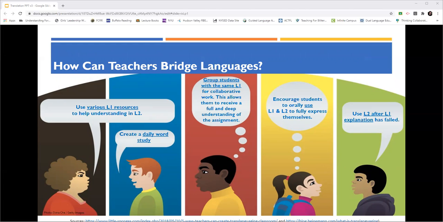You can use various L1 resources to help in understanding the L2. You can create a daily word study. You can group students with the same L1 for collaborative work, and this allows them to receive a full and deep understanding of the assignment before they share out. You can encourage students to orally use their L1 and L2 to fully express themselves, and you can use L2 after L1 explanation has failed.